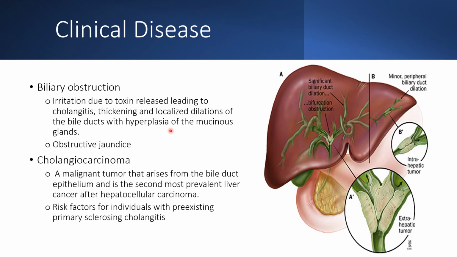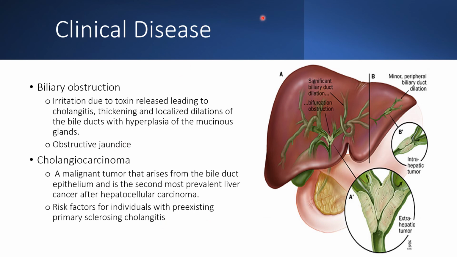So this fibrotic, hyperplastic picture or manifestation will surely end up causing obstruction. The bile produced by the liver is hard to release to the intestinal lumen, which causes jaundice, so obstructive jaundice.